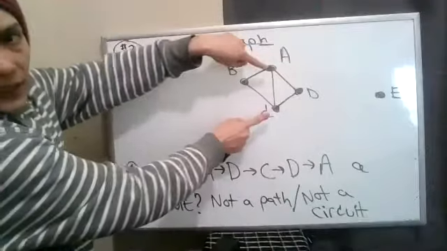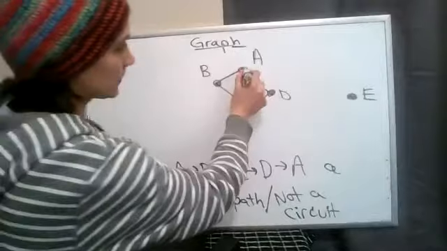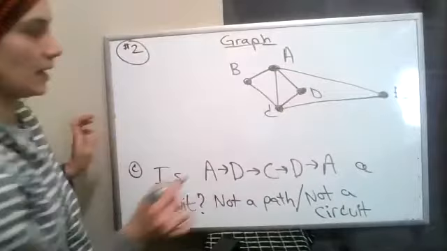And these 2 points go to E, so AE and CE. And there's my graph.